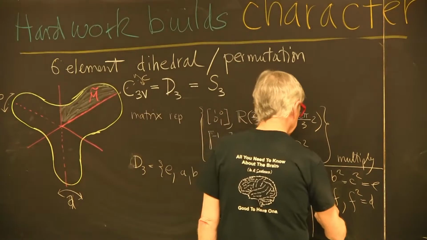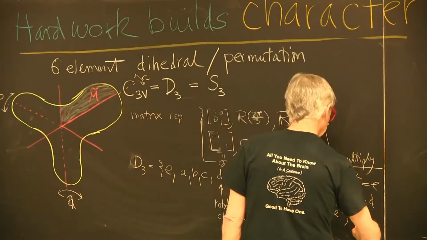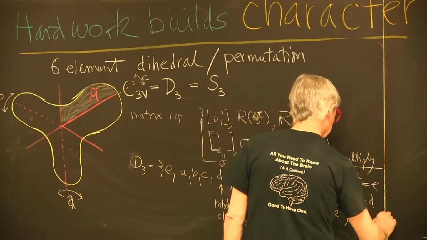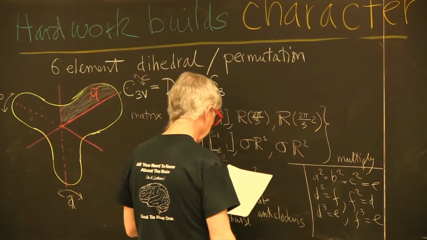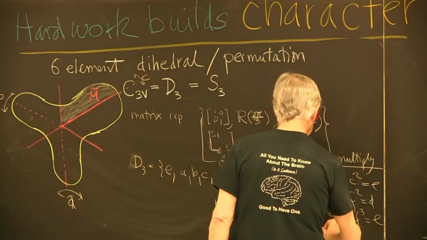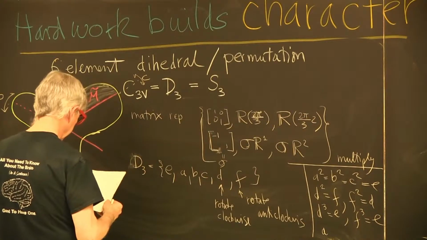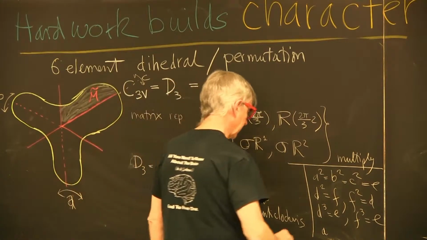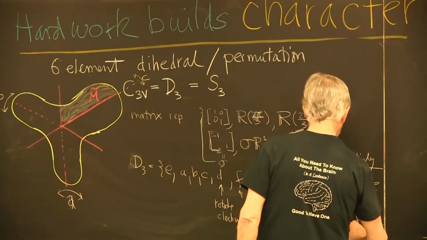Then you find that rotating 3 times is identity. Rotating 3 times in the other direction is also identity. And then there are actually a few things that you have to compute. So for example, if you flip and rotate by 1/3, it's the same as flipping around the B.